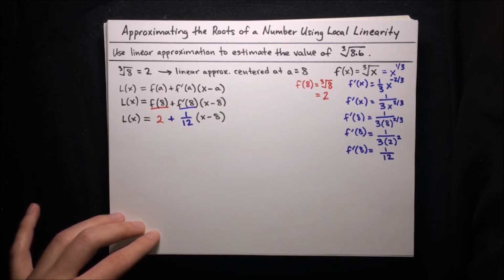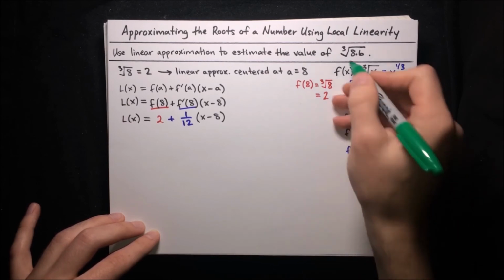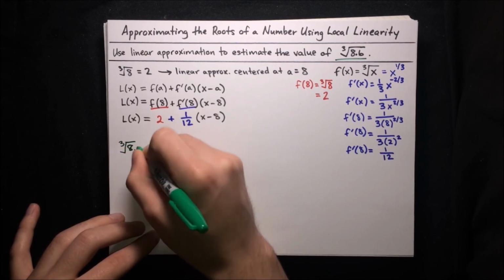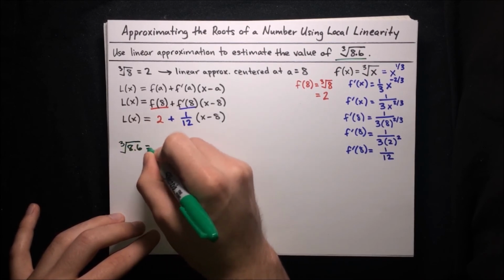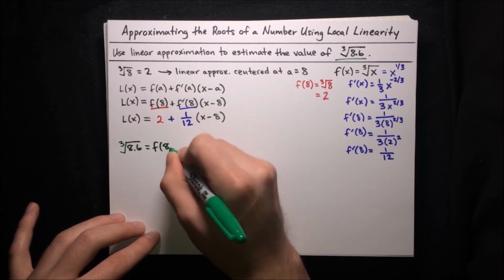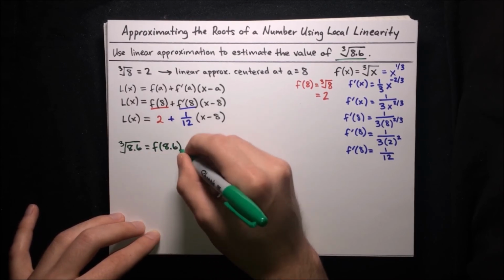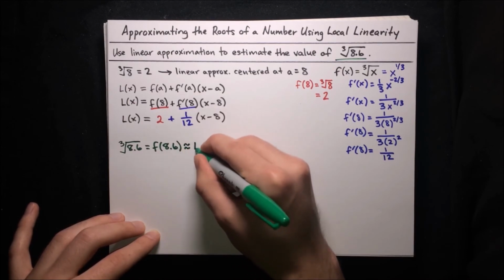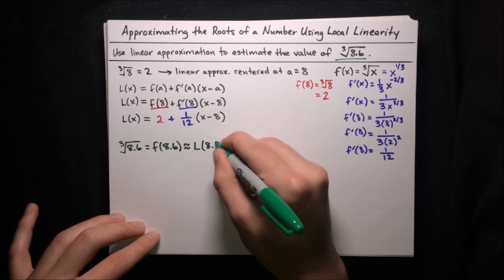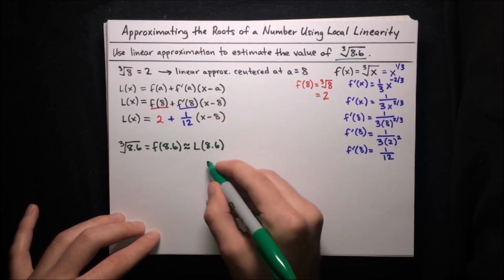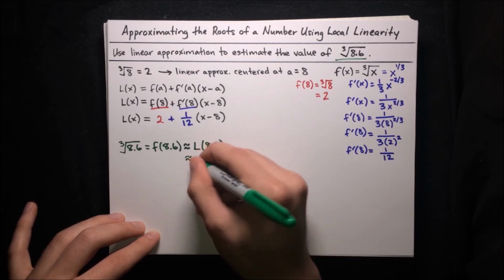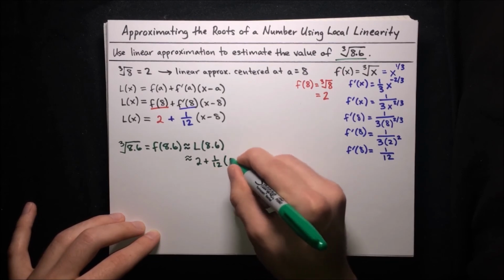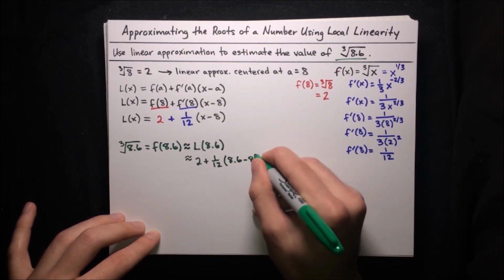And now we want to use our linear approximation to estimate the value of this root here, the cube root of 8.6. Well, the cube root of 8.6 is just equal to f of 8.6. f is just the cube root function, and f of 8.6 is approximately equal to the linear approximation, L of 8.6, because 8.6 is pretty close to 8. So we just go ahead and plug in 8.6 into our linear approximation. So this is 2 plus 1/12 times 8.6 minus 8.